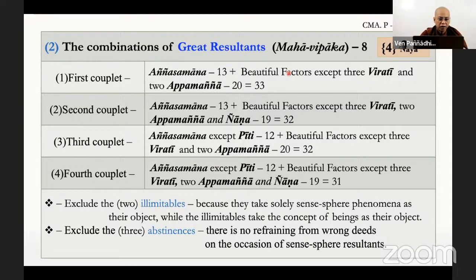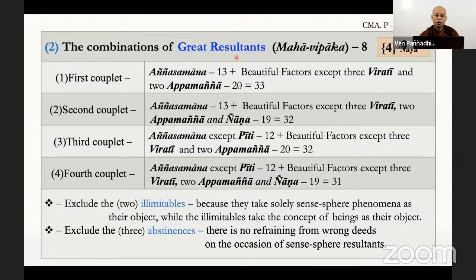So here, the reason explained is the two illimitables. Why? Because they refer to the illimitables, which take the concept of beings as their object, while the great resultant takes solely sense-sphere phenomena as its object. In the next chapter, chapter 3, when we learn about the functions they can perform, each consciousness, whenever it arises, needs to perform a specific function.